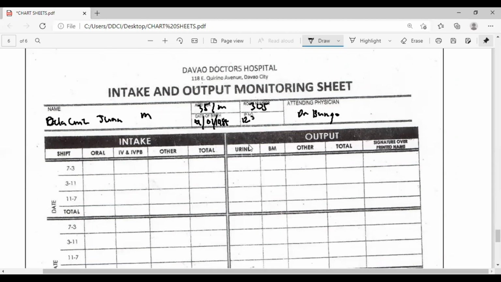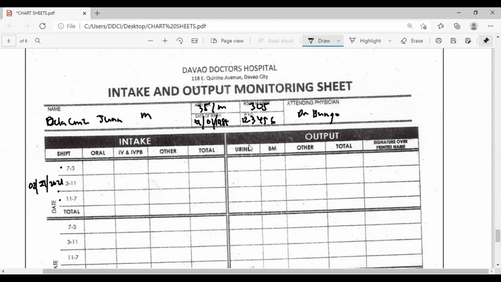Then we have the date. Say your date is 02 21 2021. This is for the morning shift, the PM shift, and the night shift.